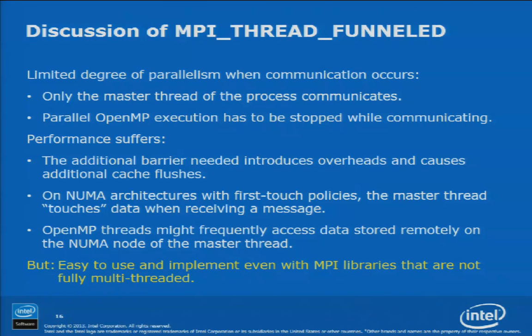On NUMA architectures that have a first touch policy, the master thread touches the data when it receives it, so it will cause some serious NUMA problems because all the data that you receive through MPI will sit on one NUMA node, and probably the workers working on this data are sitting on another NUMA node. But it's easy to implement, and as I said, it's supported by most of the MPI implementations.